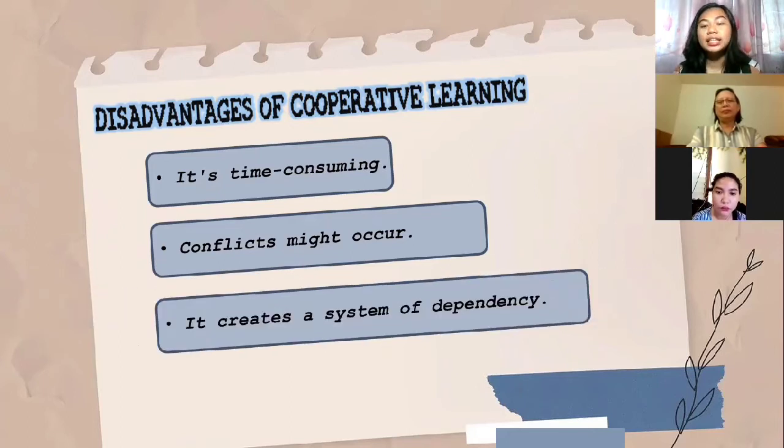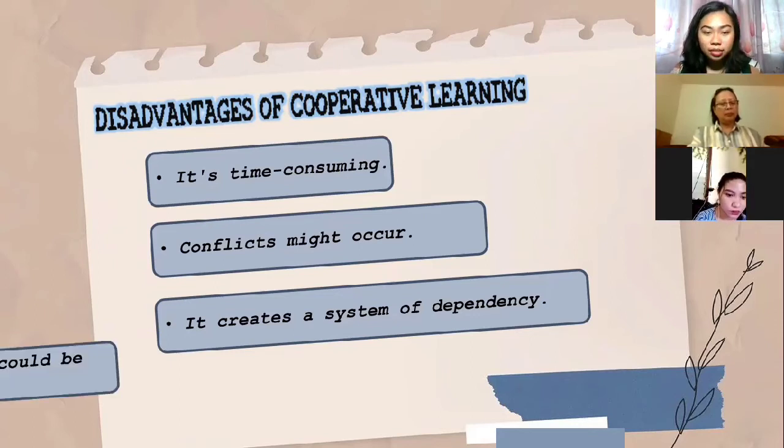Next, it creates a system of dependency. Some students might depend on the other members of their group. They will just rely on the bright students, the intelligent students, so it creates a system of dependency.